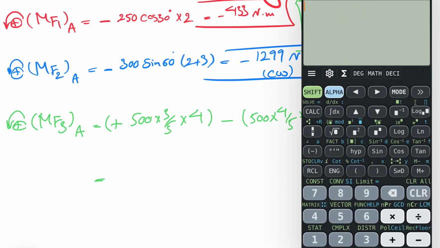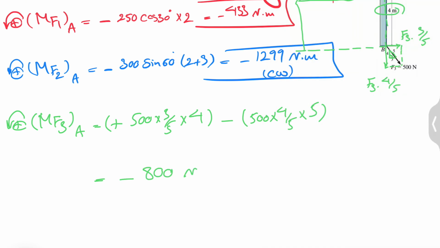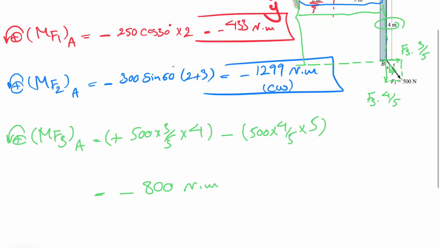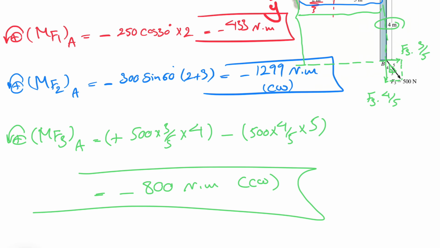So basically we have 500 times 3 times 4 divided by 5 minus 500 times 4 divided by 5 times 5. And that's going to give us minus 800, again, Newton meter, and the negative sign shows that the moment is clockwise.